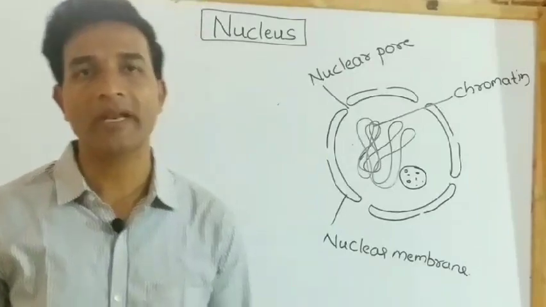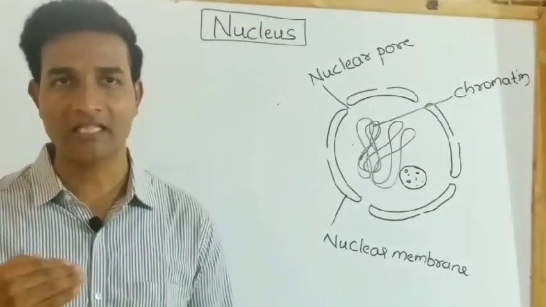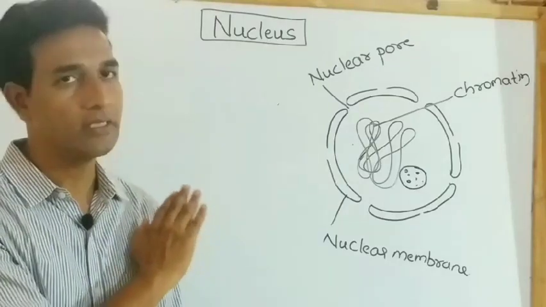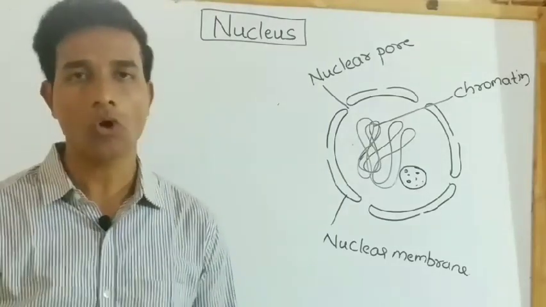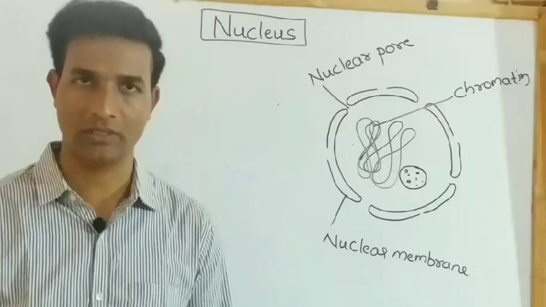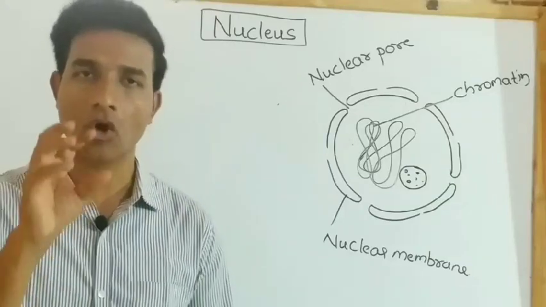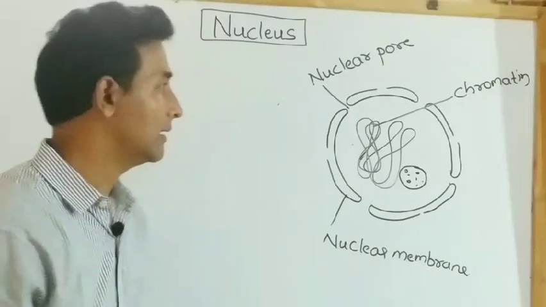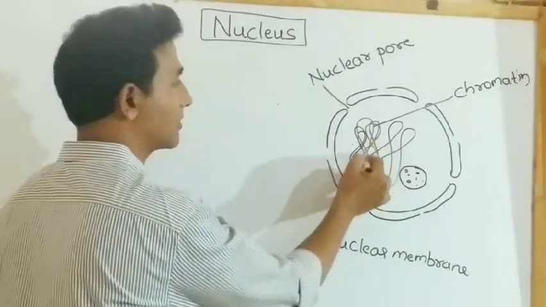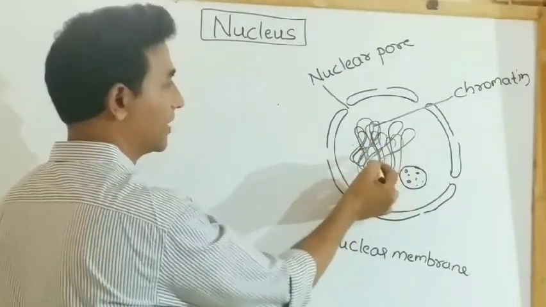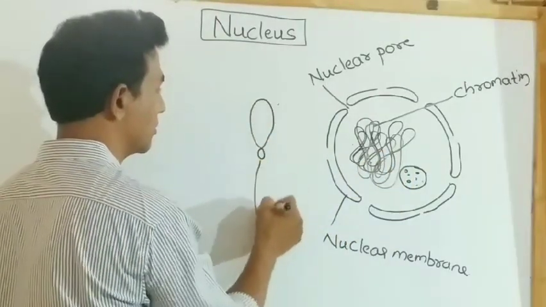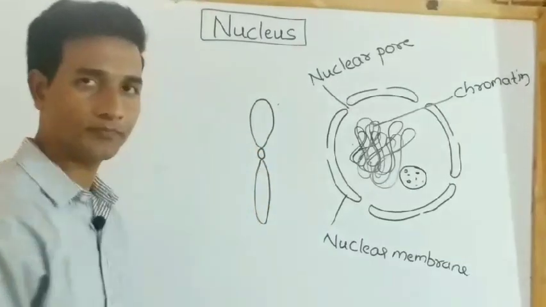So the nuclear membrane has pores which allow the transfer of material from inside the nucleus to outside, that is, to the cytoplasm. The nucleus also contains chromosomes, which are visible as rod-shaped structures when the cell is about to divide. This thread-like structure undergoes condensation to form a structure called chromosome.